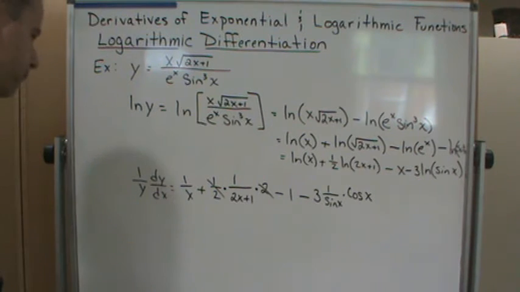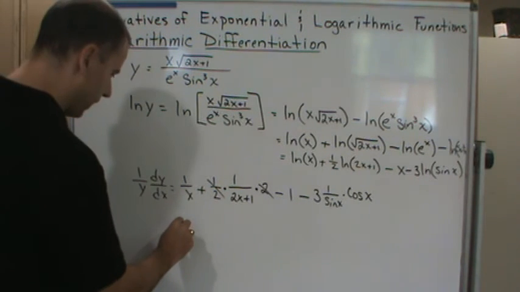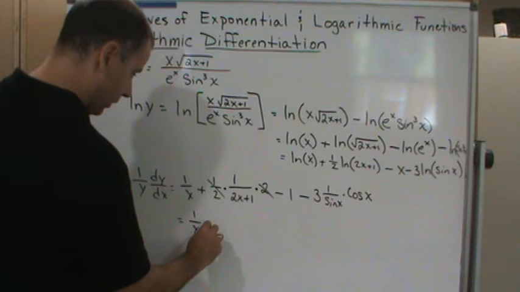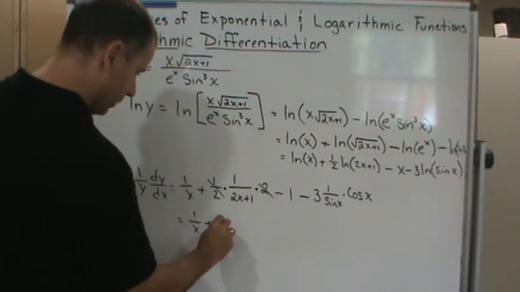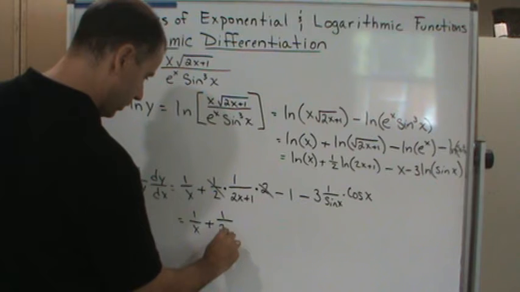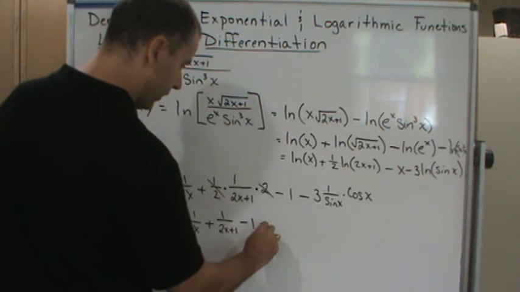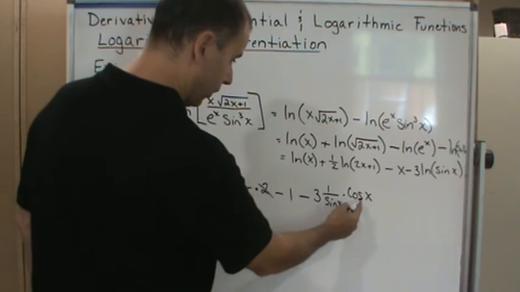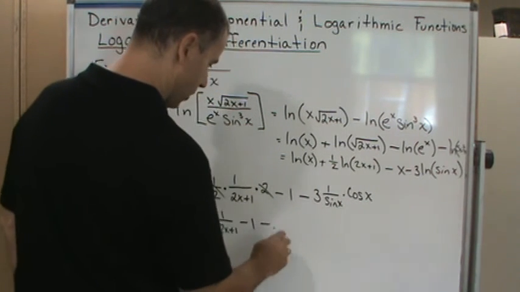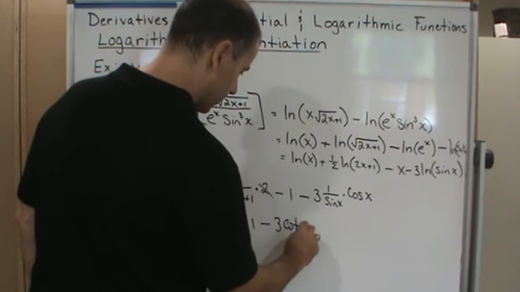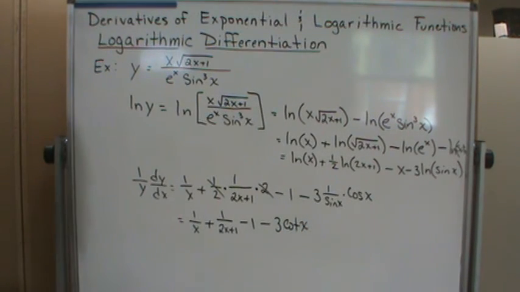So now I'm going to simplify this further. This is going to be 1 over x plus 1 over 2x plus 1 minus 1 minus, now cosine over sine is cotangent, so this is going to be minus 3 cotangent x.